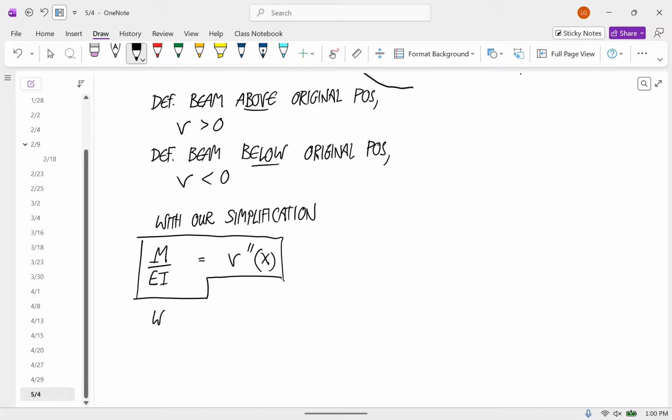So there will be three types that we'll use, and I'll give you those in a second. So we'll solve this differential equation.